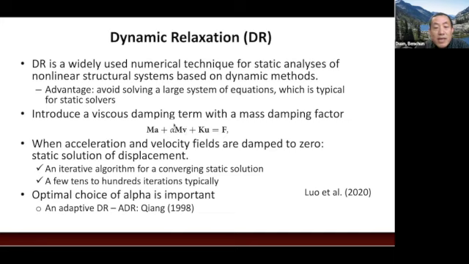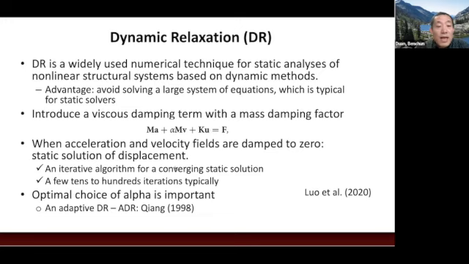This damping term here should be mass proportional damping with coefficient alpha. The idea is that when the acceleration and velocity are damped to zero, your dynamic solution will converge to the static solution of the displacement, KU equals F.